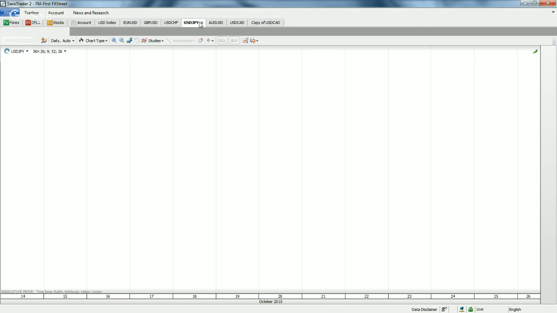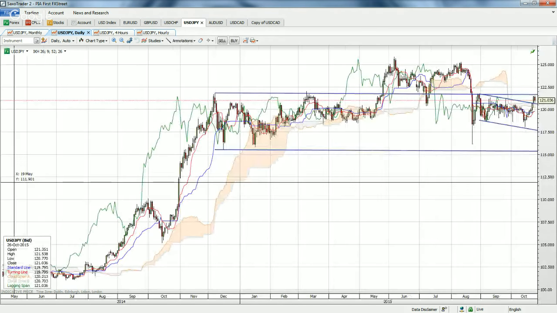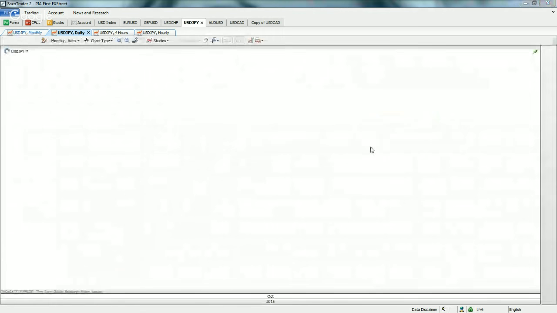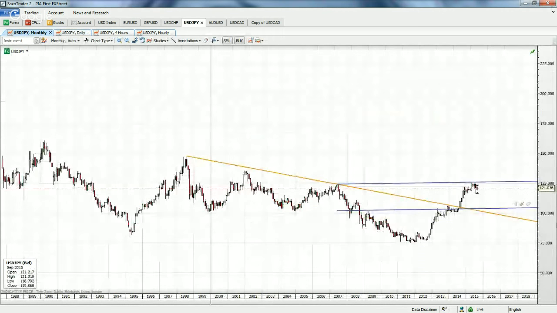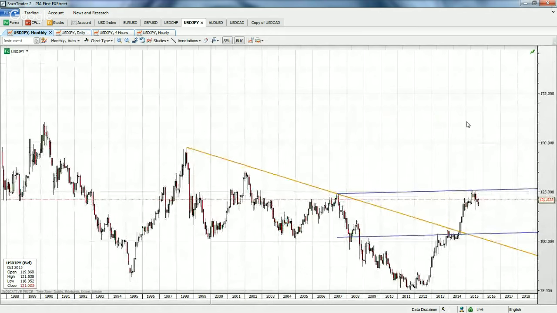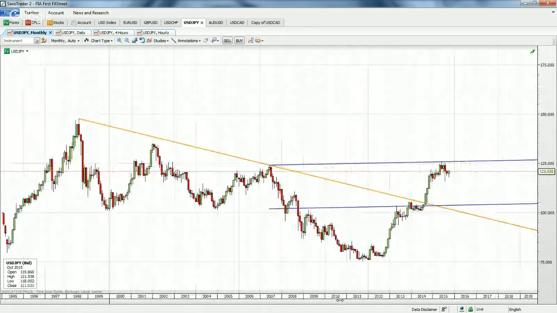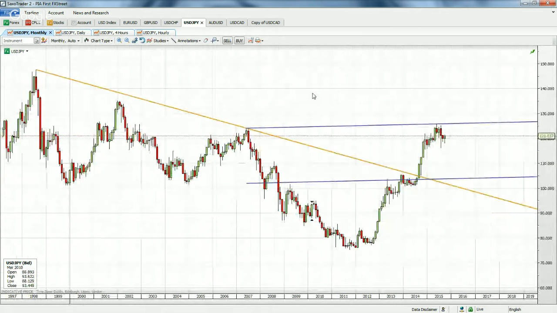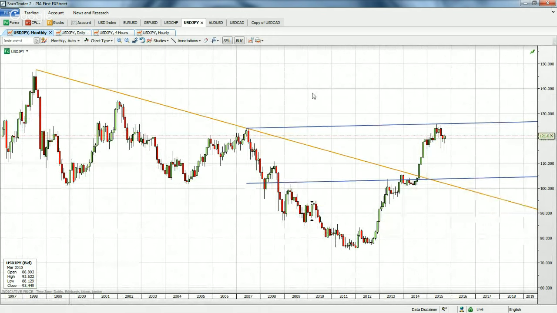Dollar yen, monthly. Possible head and shoulders. You can't call a head and shoulders yet. It's got miles to move to the downside if it does move to the downside.